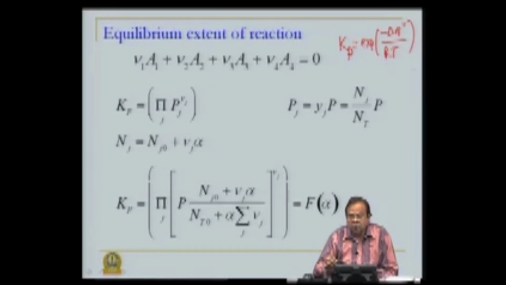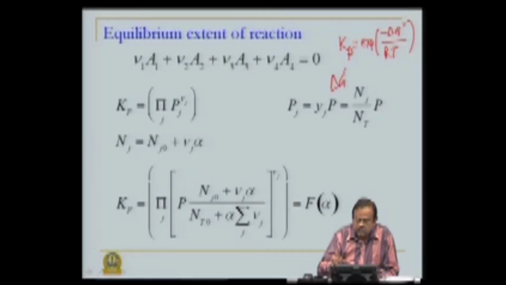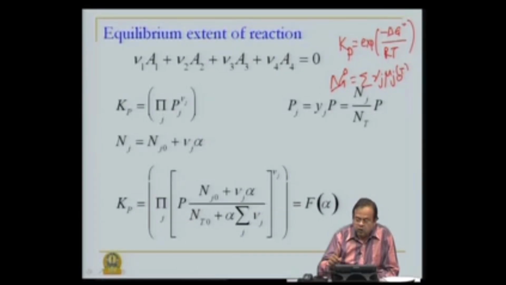This is a thermodynamic property, because for all these quantities, delta G 0 in particular, thermodynamics gives us that information. So, what is this delta G 0? It is nothing but the summation of nu j mu j 0. This is a thermodynamic property and a function of temperature alone, because our mu j zeros are functions of temperature.